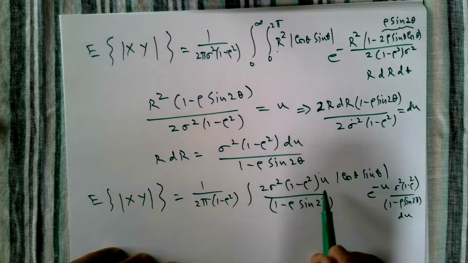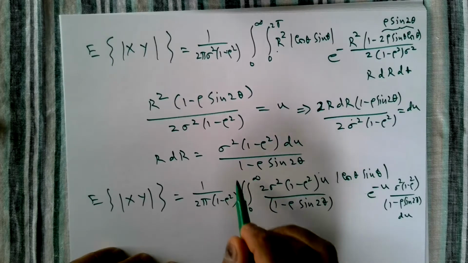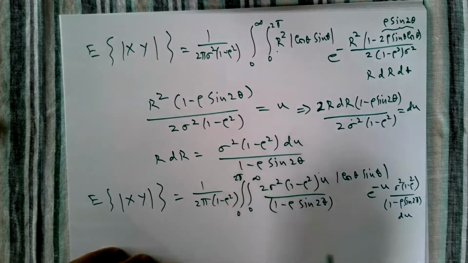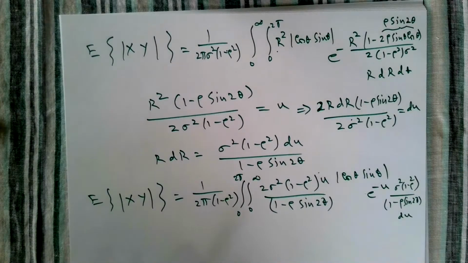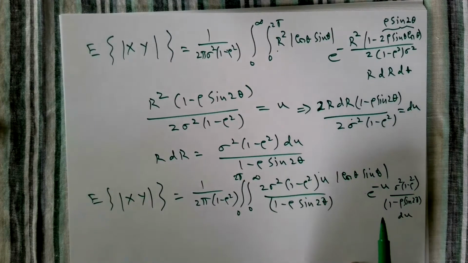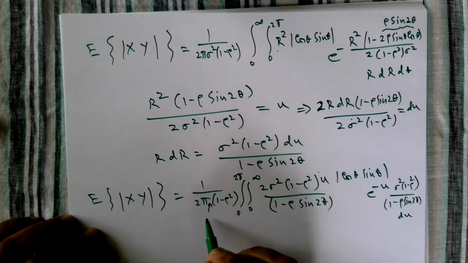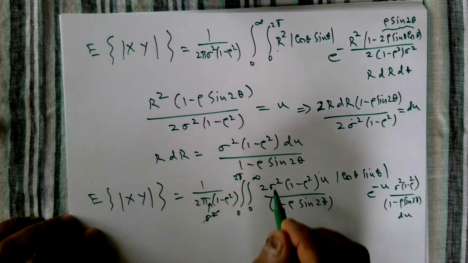Notice that the u term is only u e raised to minus u, so there are two integrals, 0 to infinity and 0 to 2 pi. I'm going to collect all the terms. Notice that this denominator is the same. You have sigma squared here and there was a sigma squared here, so this sigma squared cancels.